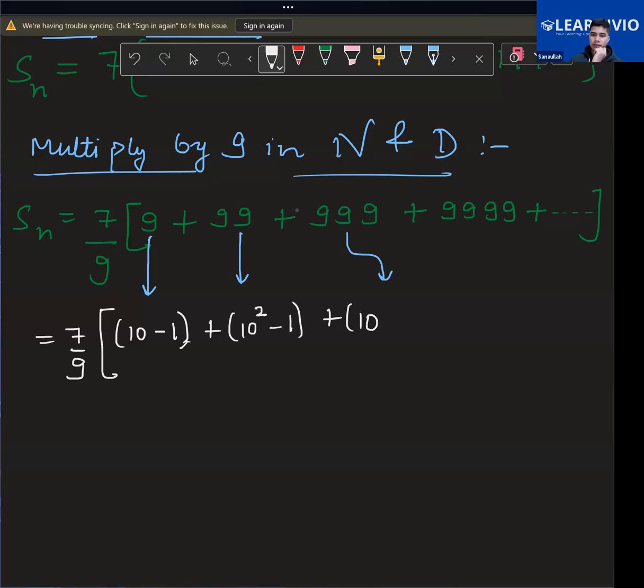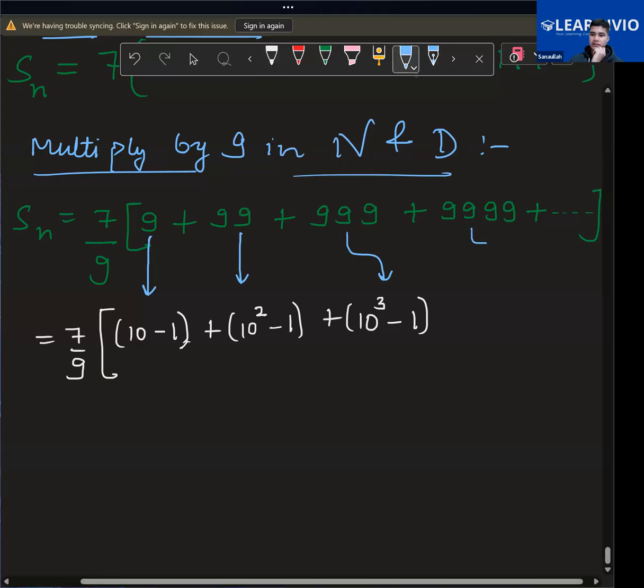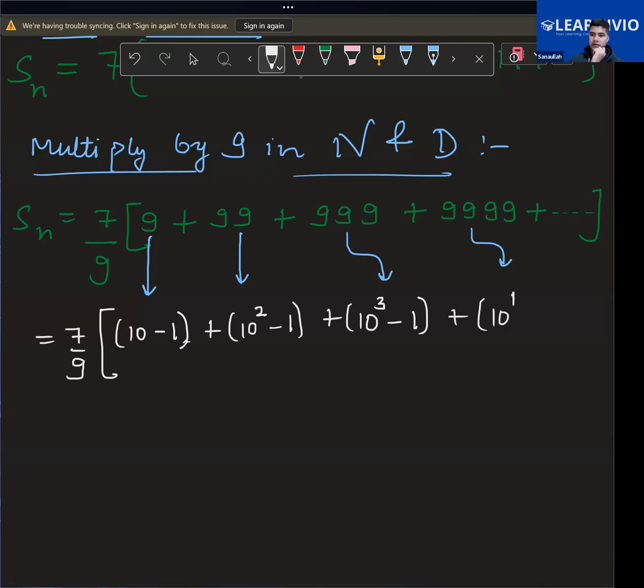What is 10 cube? 1000. 1000 minus 1, that is 999. And 10 to the 4 minus 1, that is 10,000 minus 1, that is 9999, plus so on to n terms. Now see, we are getting some type of geometric progression.